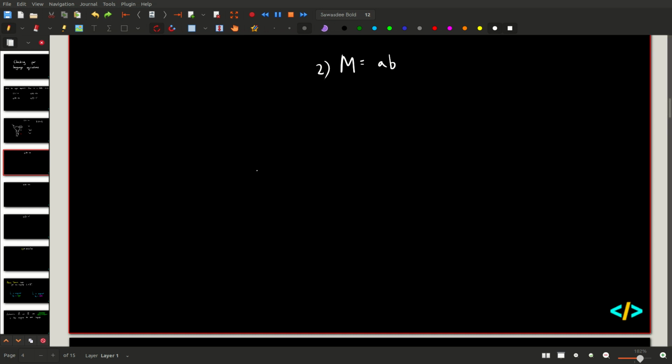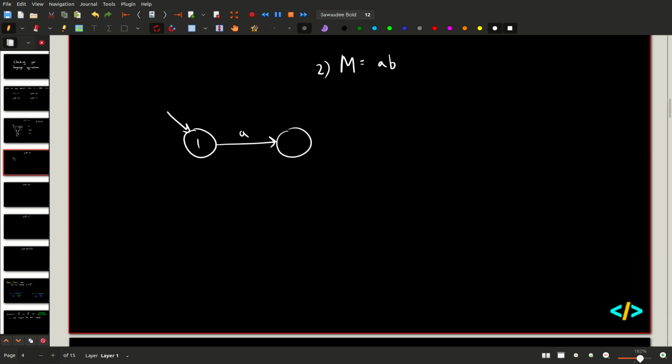Right, so we'd start off with the initial state, call that 1, and that's a reject state, and then we go to state A with a transition A. That's still a reject, and then we do a transition B, and that's the accept.